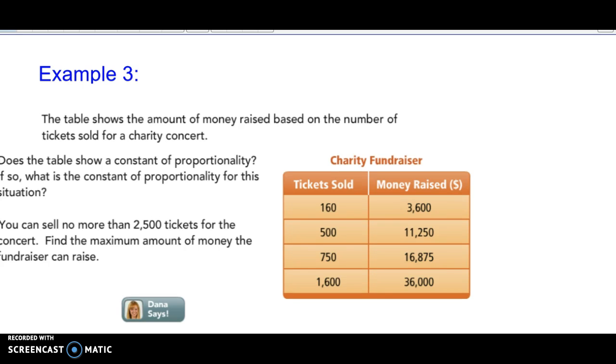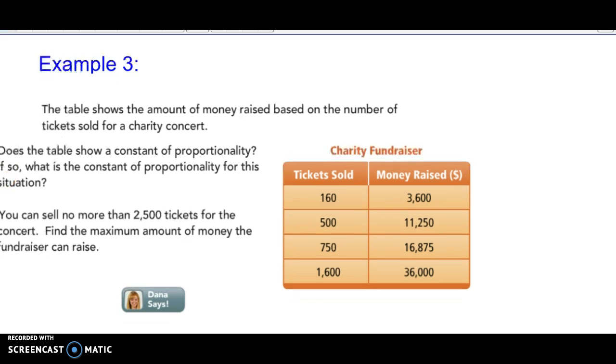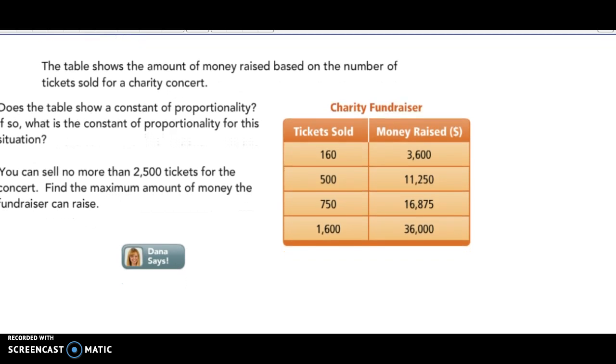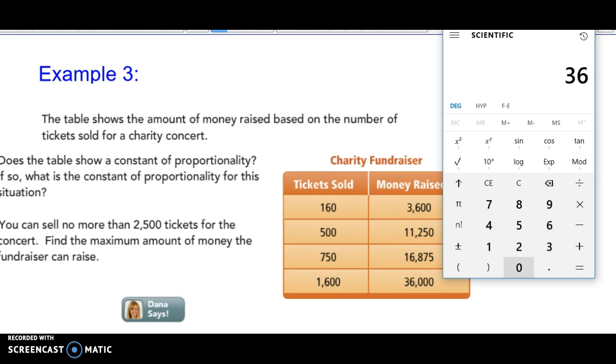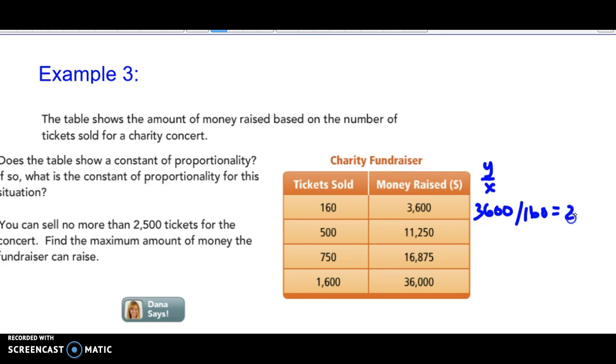All right, on example 3, we're looking at money raised for a concert. We want to know, does the table show a constant of proportionality? So remember, to do this, we're going to be looking at the y to x ratio. So I'm looking at 3,600 divided by 160, which is 22.5.